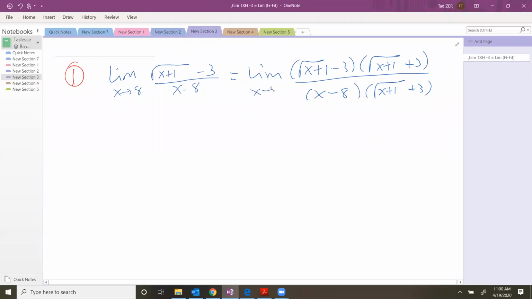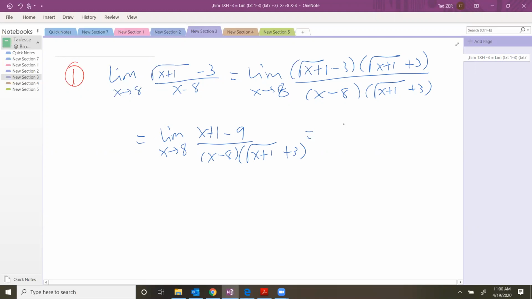And I believe I don't have to spend time on foiling the numerator. You know that the numerator is the difference of two squares. So when you foil it, that gives you x plus 1 minus 9 divided by x minus 8 times radical of x plus 1 plus 3. It's very important that you keep the parentheses, okay?